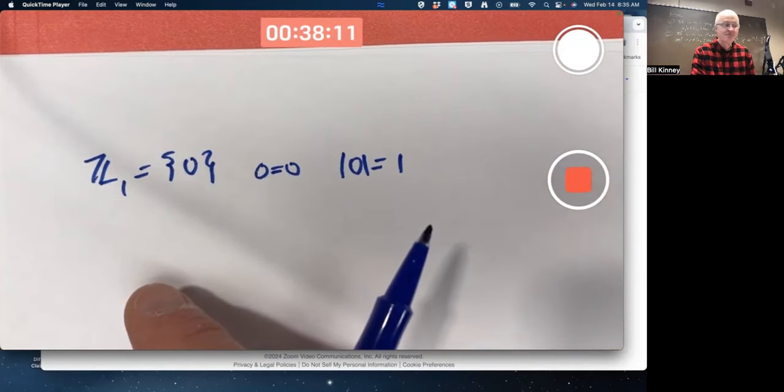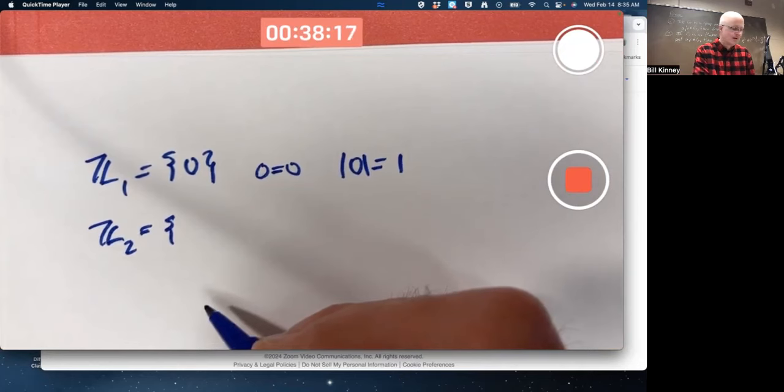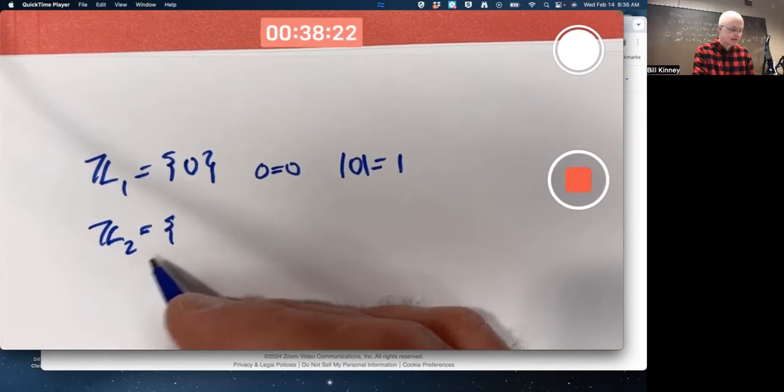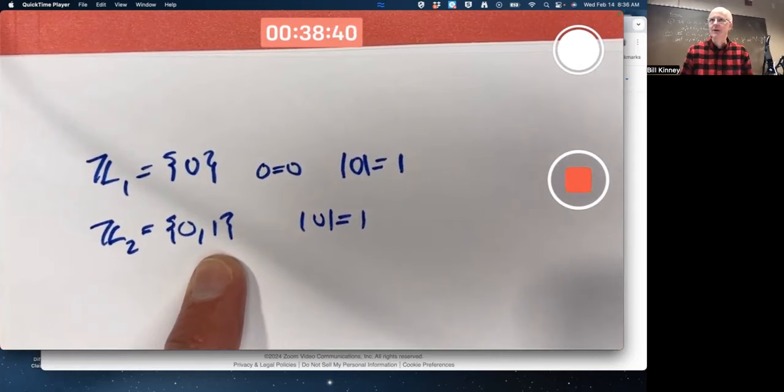It gets a bit more interesting if I go to Z2. First, the two integers starting with 0, the elements 0 and 1, under addition mod 2. Once again, 0, the identity, has order 1, but what order does 1 have? How many times do I have to add 1 to itself? Or better, how many summands in that sum is going to get me back to the identity, which is 0?